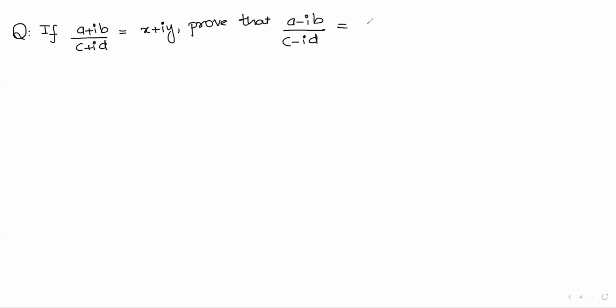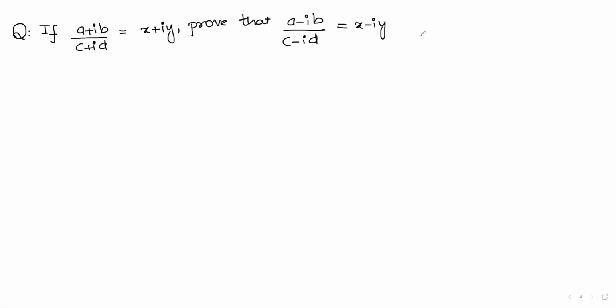If (A + iB)/(C + iD) = X + iY, prove that first, (A - iB)/(C - iD) = X - iY.